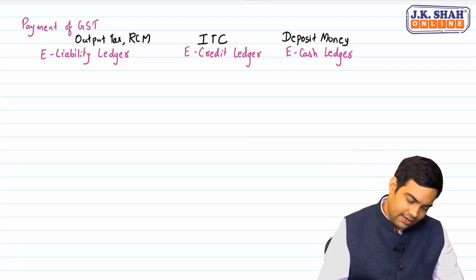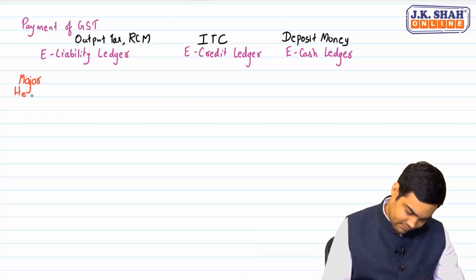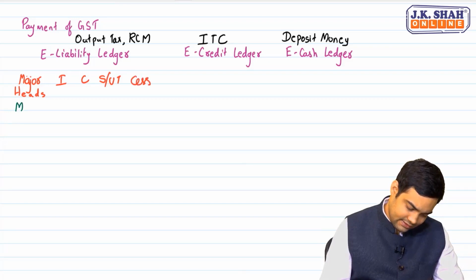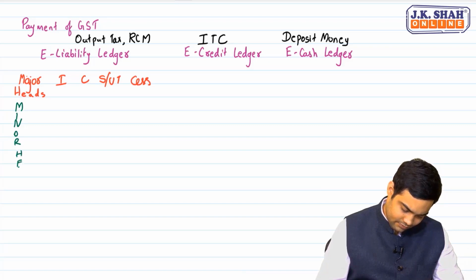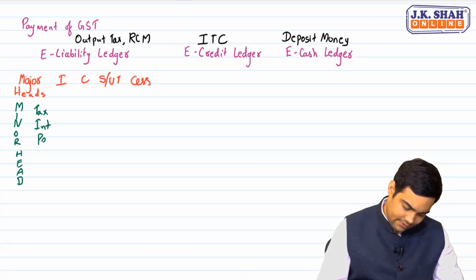Okay. Now, e-liability has four major heads: IGST, CGST, S/UT GST or cess, and it has 5 minor heads. The 5 minor heads are tax, interest, penalty, fee, others.